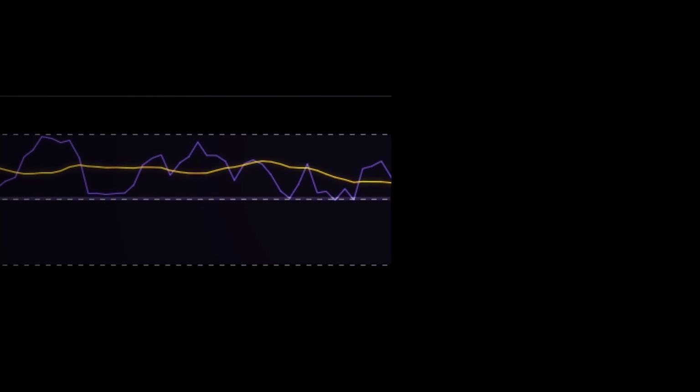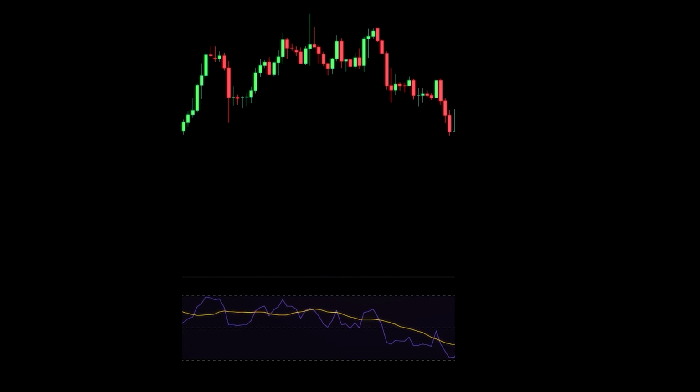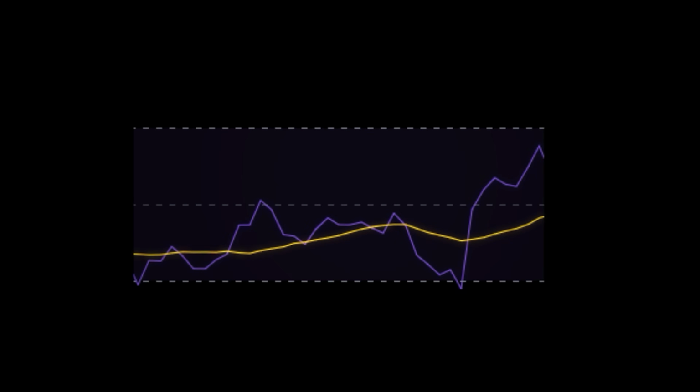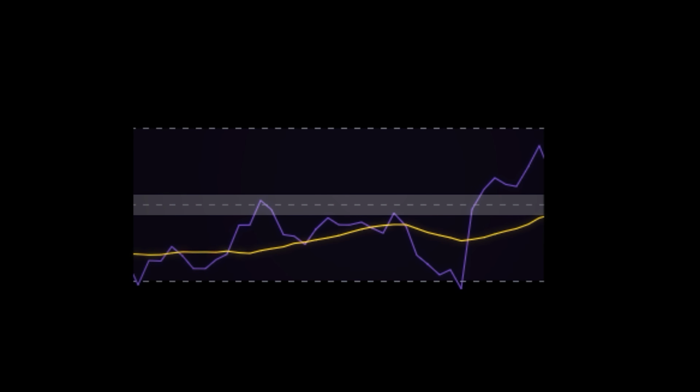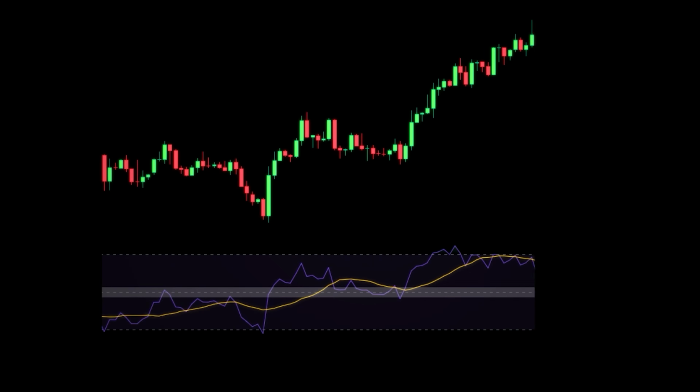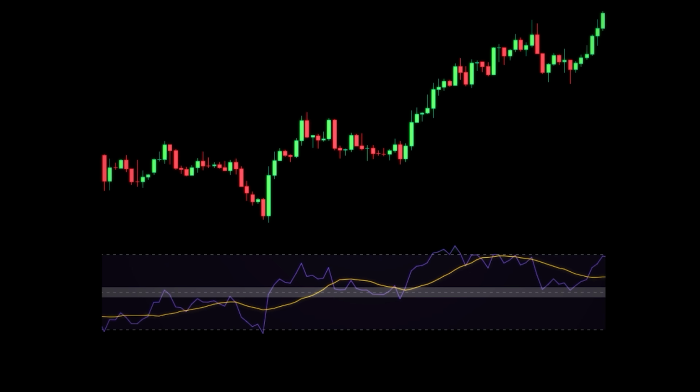And when RSI breaks below 50, the market is beginning to build bearish momentum. So pay attention. When RSI is moving through the 50 line, you are seeing, in real time, a shift in the strength of the trend. This works almost like support and resistance, but for momentum. If you'd like, you could even box off the 50 zone on your indicator to help you filter out fake breakouts. Retests around this area can be excellent spots to enter in the direction of the trend.